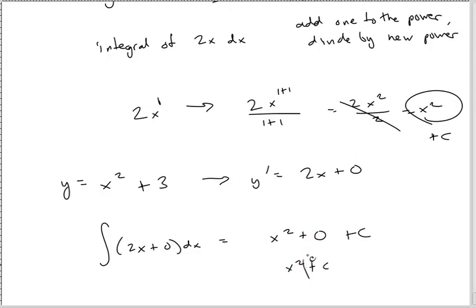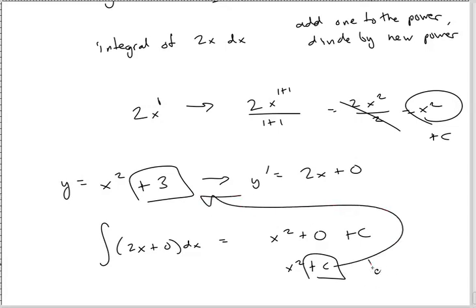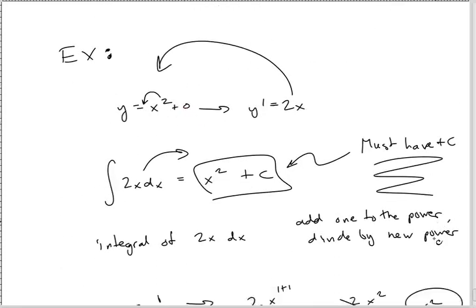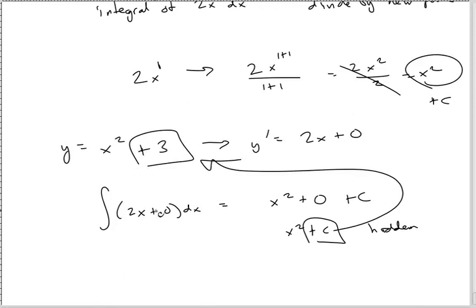You can see now the reason for this plus c. It's like a hidden number that somehow got lost along the way, and we just find it again. So how did I know that I started with a plus 0 or a plus 3?